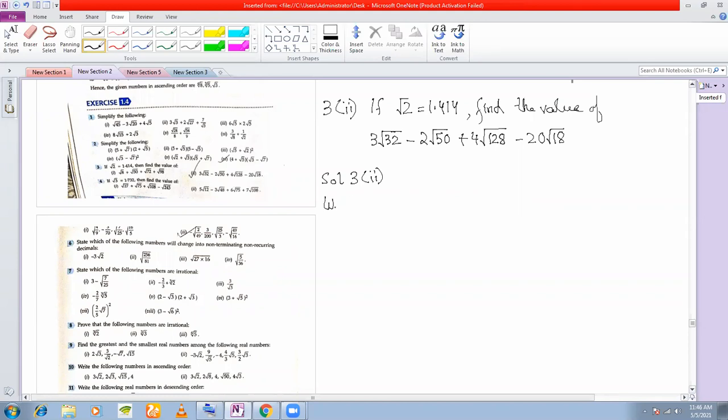So we start here. We have 3 root 32 minus 2 root 50 plus 4 root 128 minus 20 root 18.